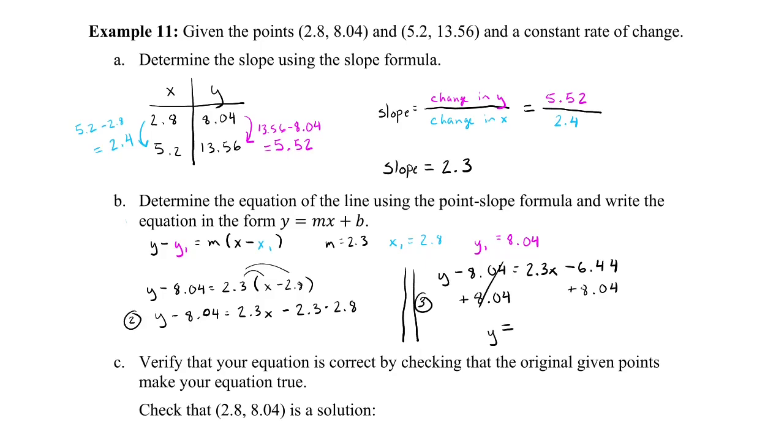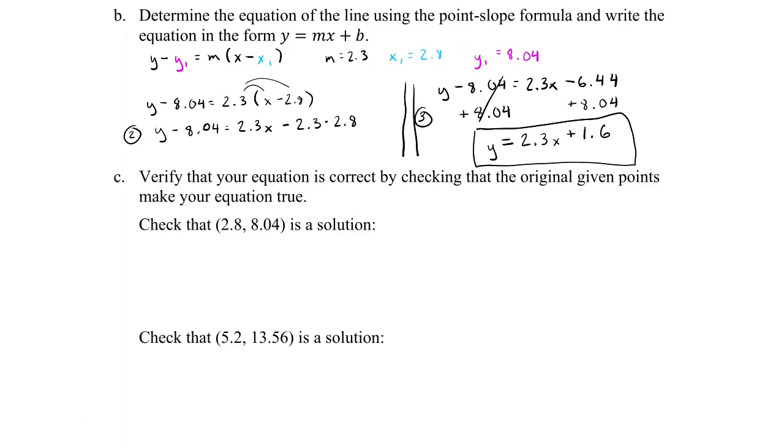So we'll just have y equals 2.3x plus negative 6.44 plus 8.04, which on a calculator works out to 1.6. So this is our equation. And I'm not going to check this here because the next step has us checking.